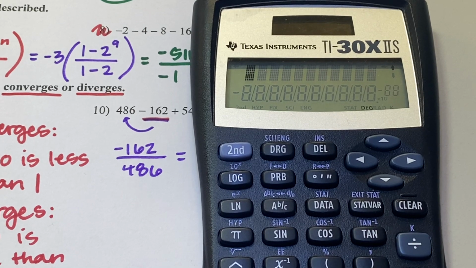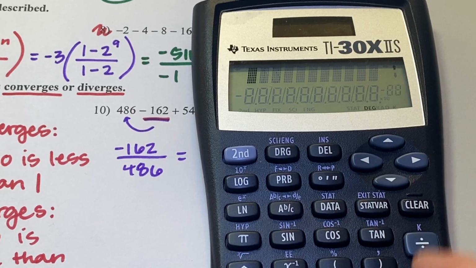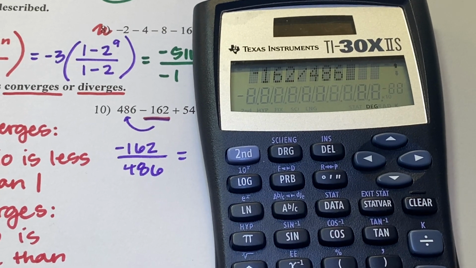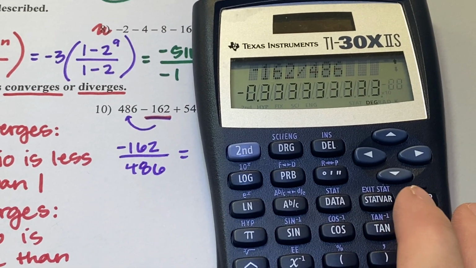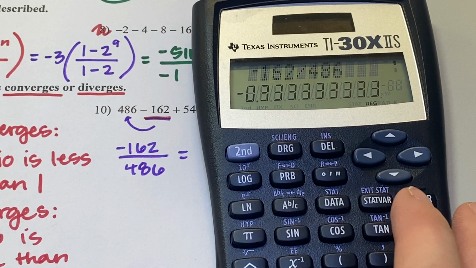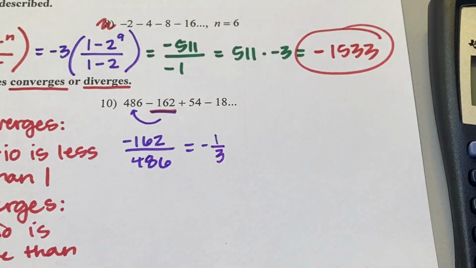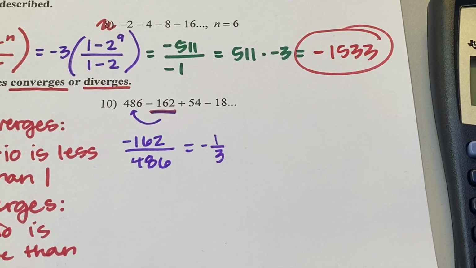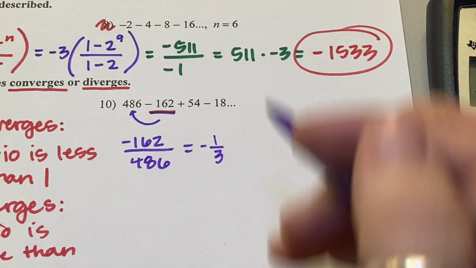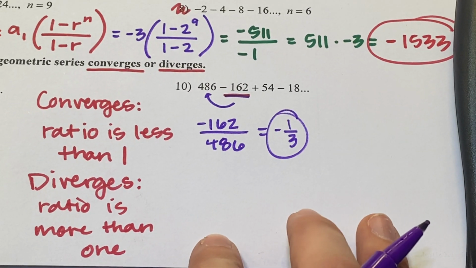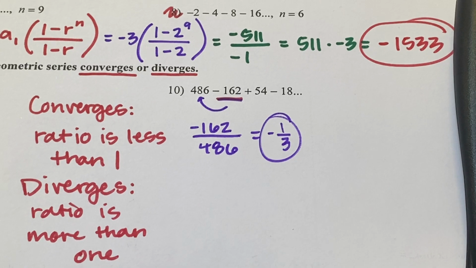Negative 0.33333, which is also negative 1/3. So is 1/3 less than or greater than 1? Less than. So is this series going to converge or diverge? Converge.